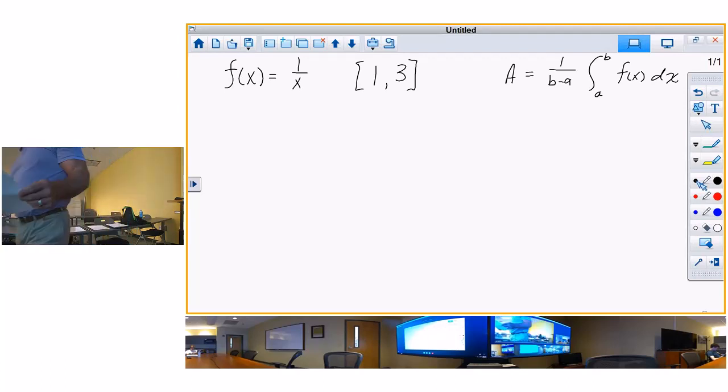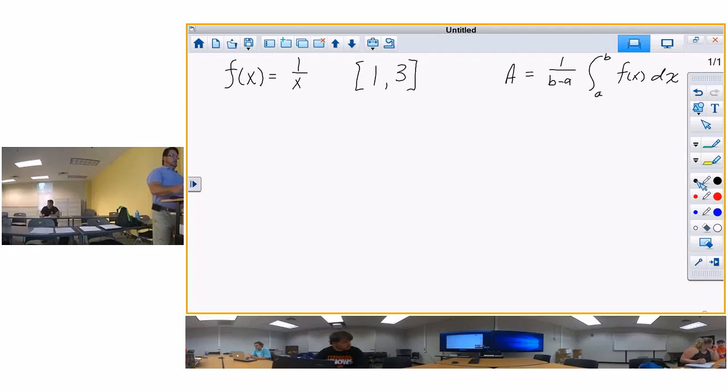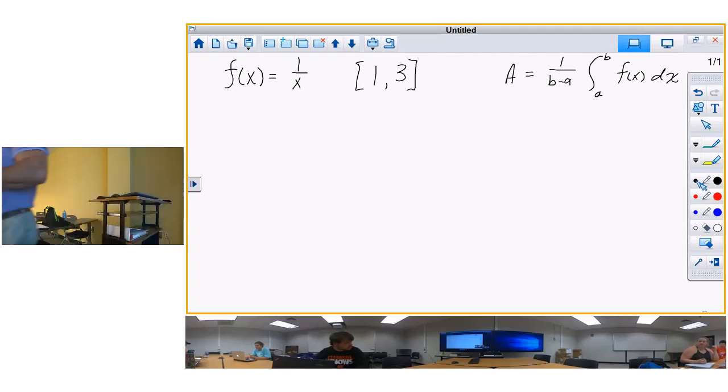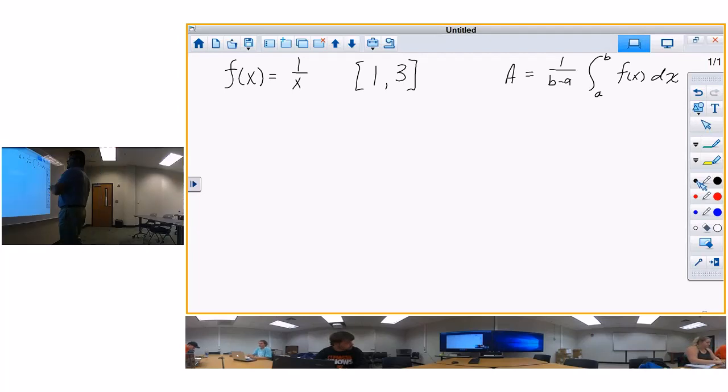It just really sucks. So, somebody tell me what the first step is before we do the formula. We need to rewrite what? The function, Hubert.